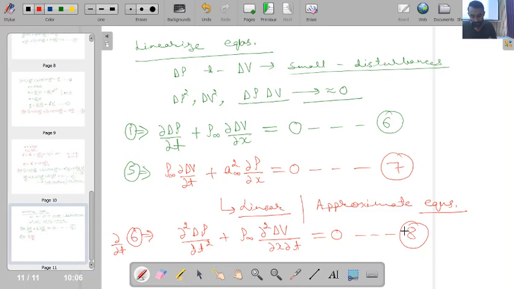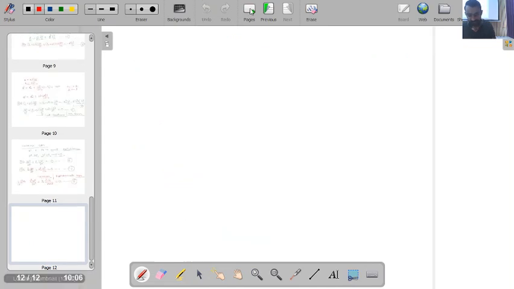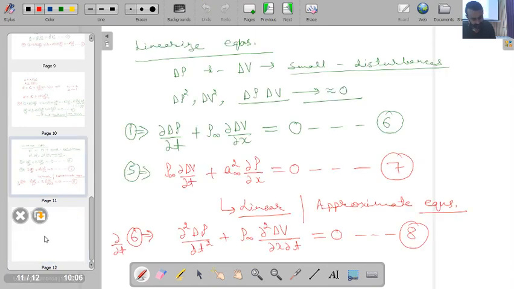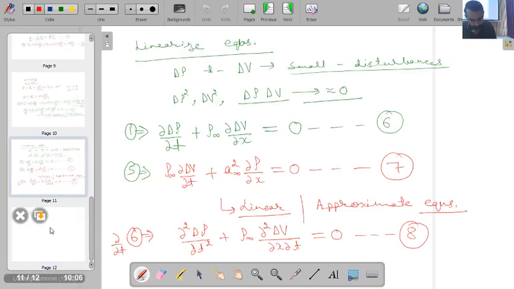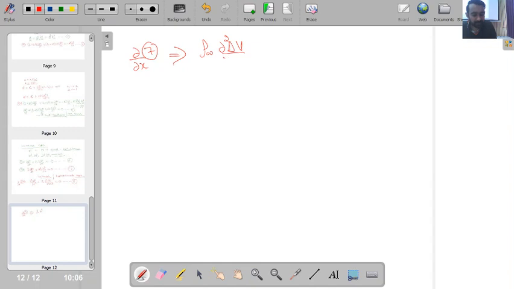Now what will I do? I will differentiate equation number 7 with del by del x. If I do so, then I get rho infinity into del square delta v by del x del t plus a infinity square into del square rho by del x square equal to 0.